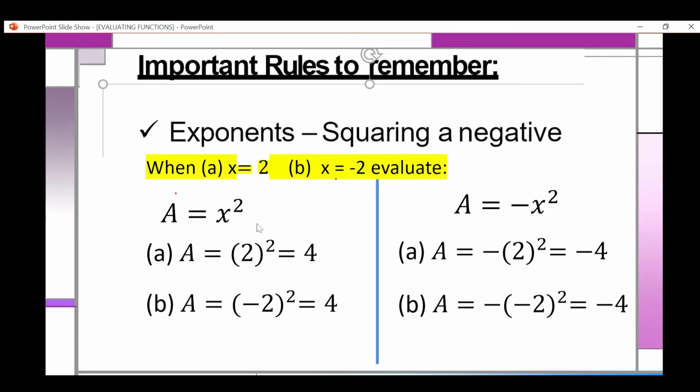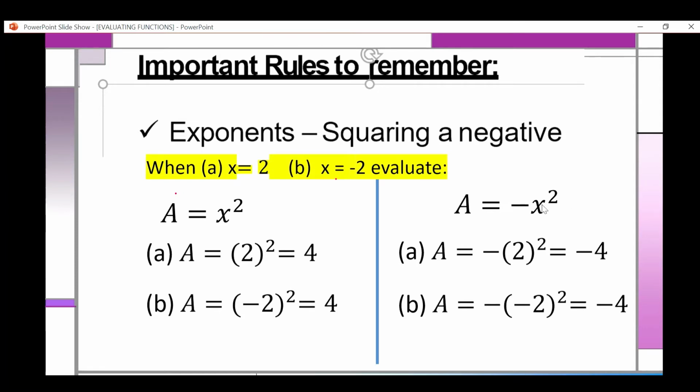For example, we will be evaluating x equals 2 for letter A, and for letter B, we will evaluate x equals negative 2. For A, substituting 2, that's 2 squared equals 4. For letter B, when x is negative 2, negative 2 in quantity squared equals 4.